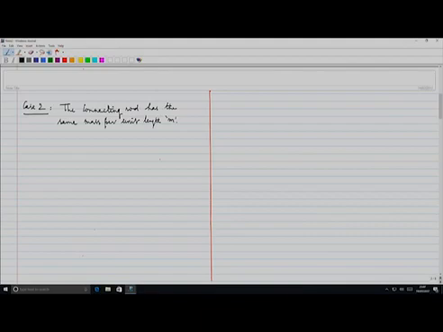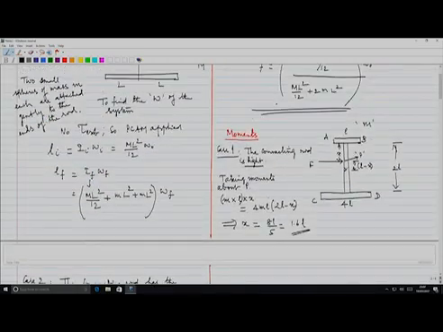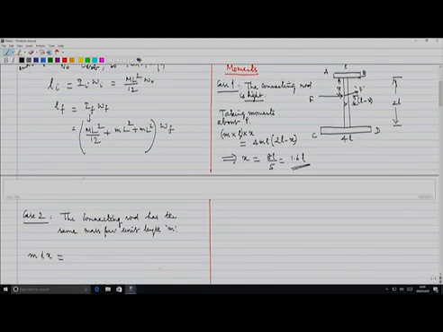Okay, then what will happen? From the top portion it will be the same, and from the portion AB, the moment due to AB will be the same, the moment due to CD will also be the same.